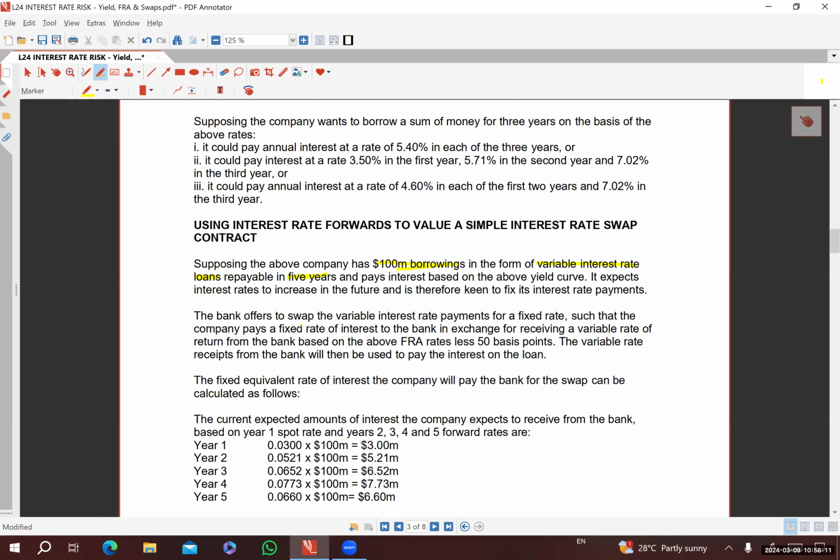The bank offers to swap the variable interest rate for fixed rate, such that the company pays a fixed rate of interest to the bank in exchange for receiving variable rate from the bank based on FRA less 50 basis points or 0.5%.